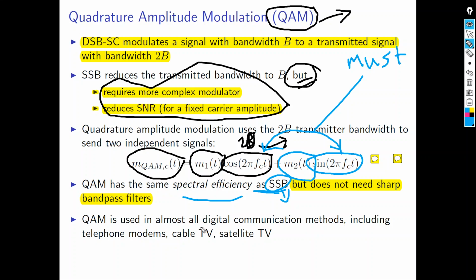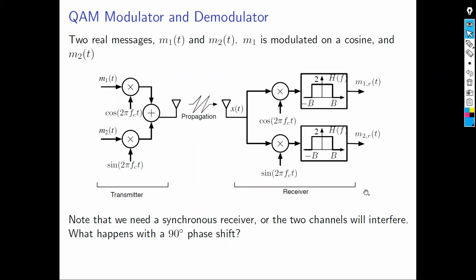So it's used in telephone modems, in mobile cellular networks, in cable TV, satellite TV, 1G, 2G, 4G, 5G. It's indispensable. Everybody's using it in most of the systems. For such an important modulation scheme, at least you must have an idea about it and how it works, what the block diagram is, and how we modulate the signal and receive it at the receiver.